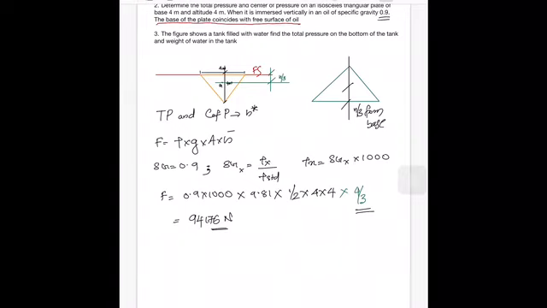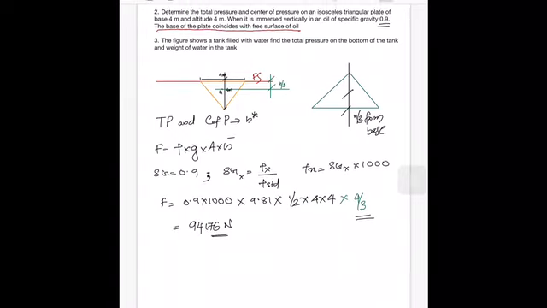Now comes the center of pressure. So let us find out that. H star equal to Ig by A H bar plus H bar. Now what is Ig for a triangular section? Ig for a triangular section equal to B H cube by 36.